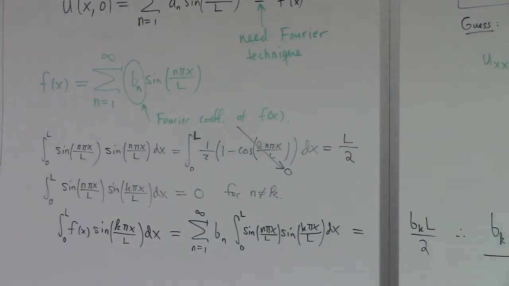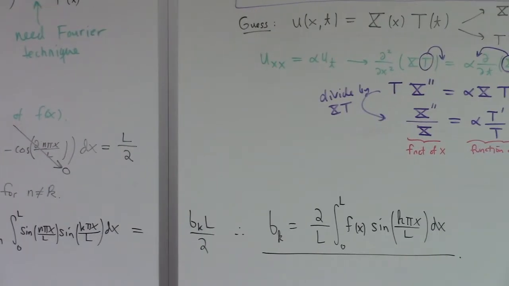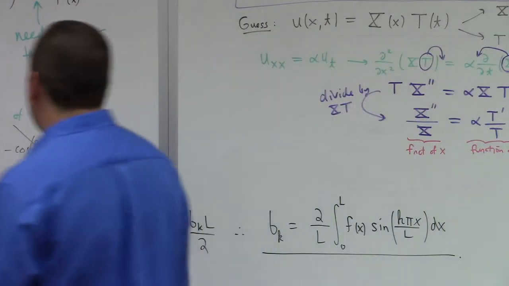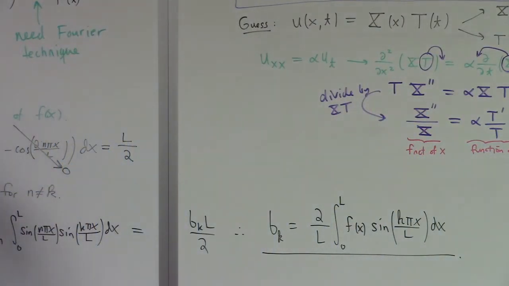So in order to solve the heat equation problem, all I have to do is take my initial condition function, calculate these Fourier coefficients, and stick them back into the formal solution, and that's the solution to the heat equation. Eventually I put them back up here to get the equation, which has time and position dependence.